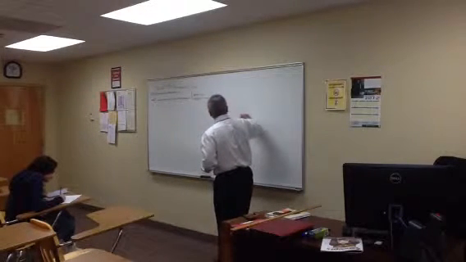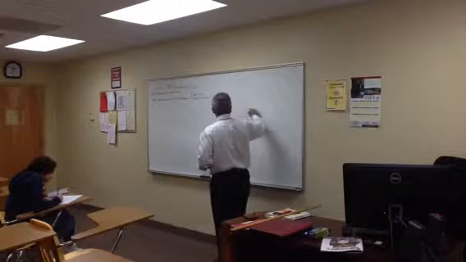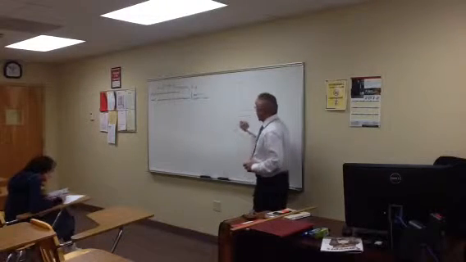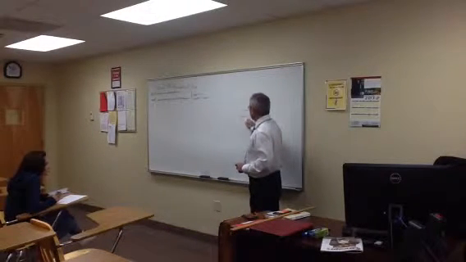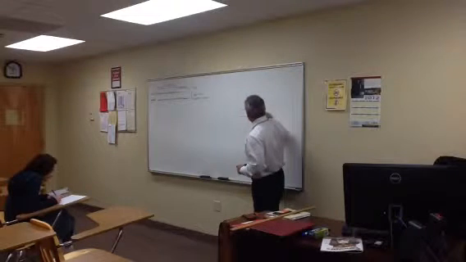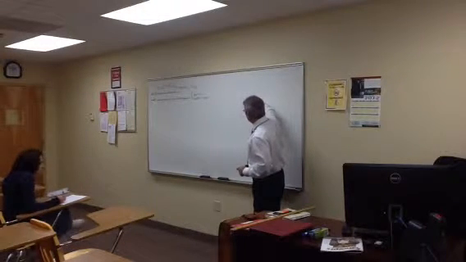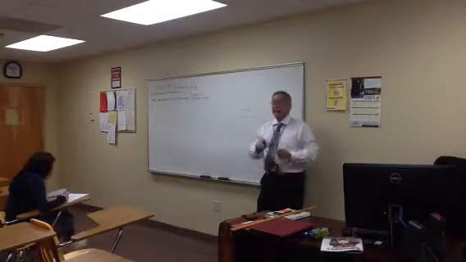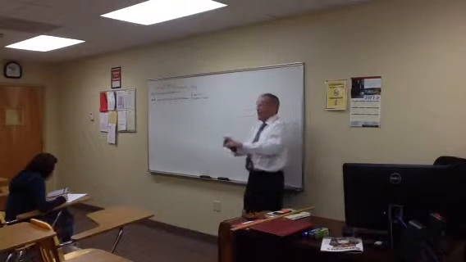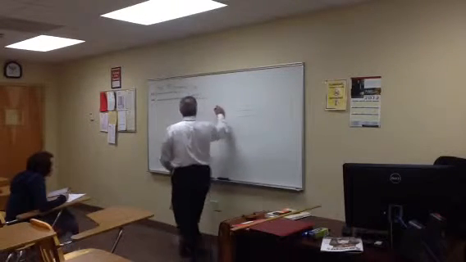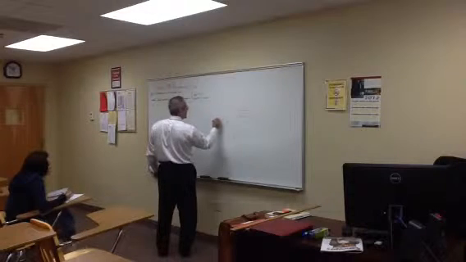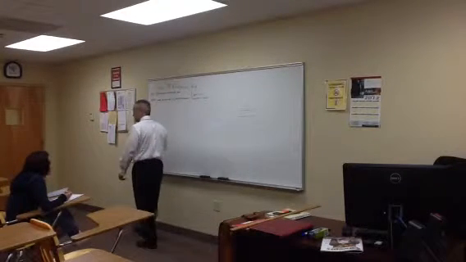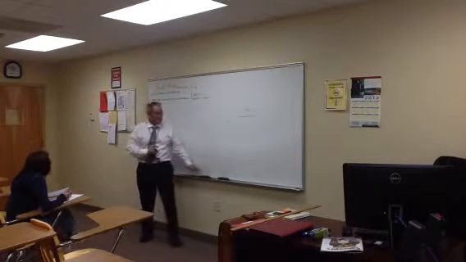Now, notice something about a triangle. The bottom is larger than the top. In a pyramid, the bottom is larger than the top. Imagine if a pyramid looked like this. What would happen? It would fall.